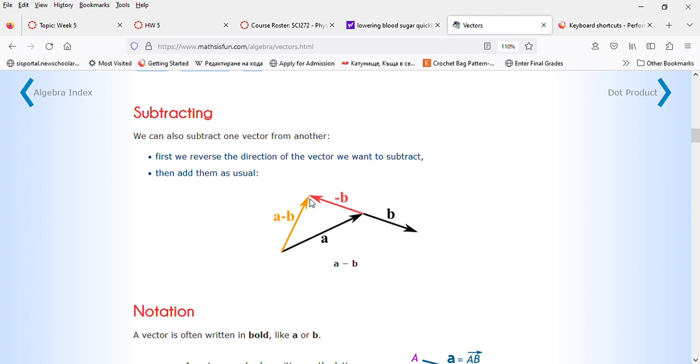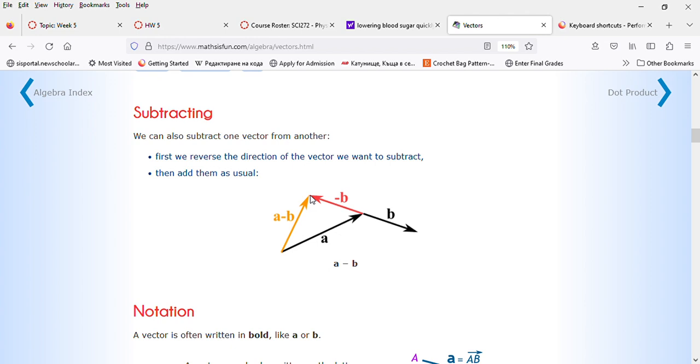But notice how the negative is put so that it's arranged again head to tail, except the vector is negative b. So you're adding negative b, which is the same as subtracting a and b. Be careful with that. That's a little detail, but it is important.